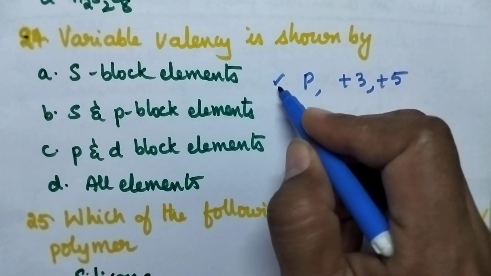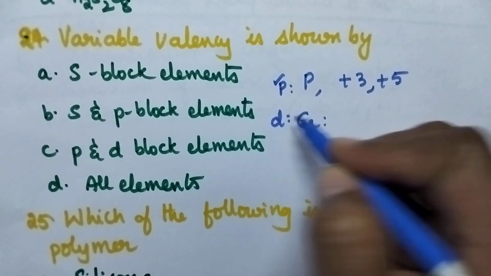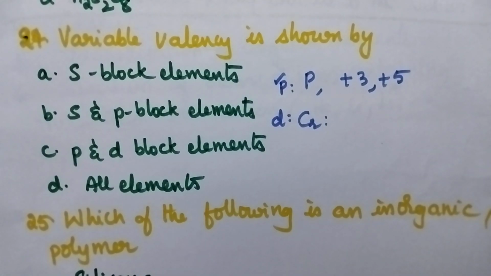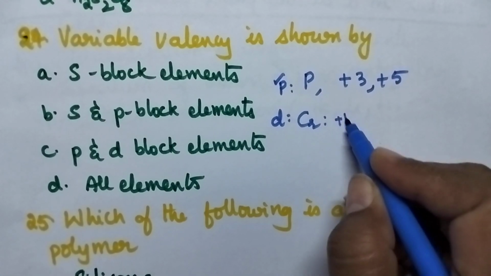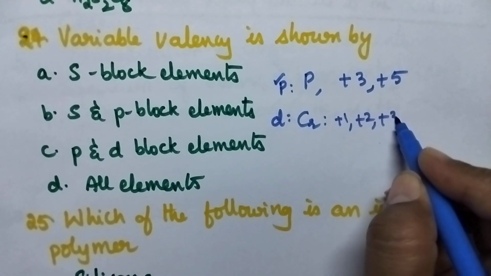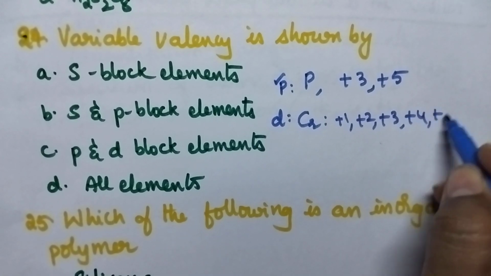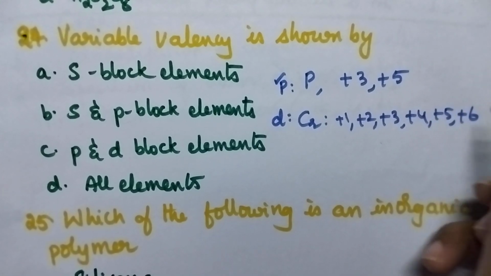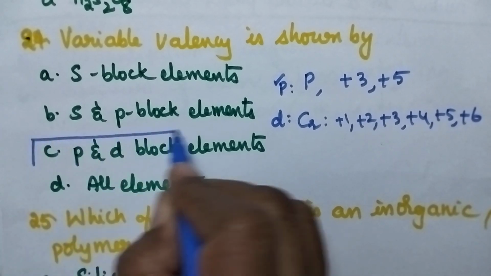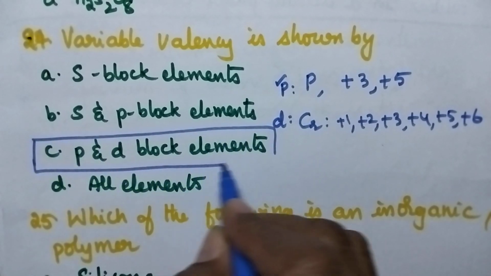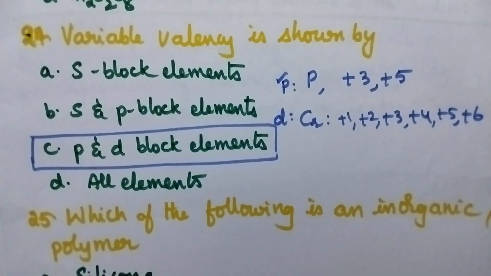Especially p block and d block elements exhibit variable oxidation states. If you consider chromium, +1 to +6, it exhibits variable oxidation states. So option C, that is p and d block elements, is the right answer.